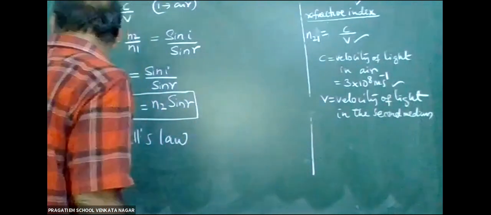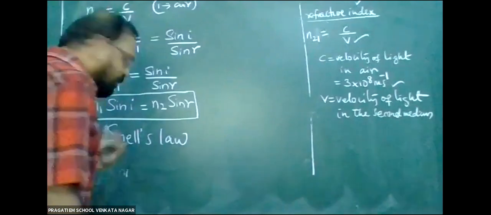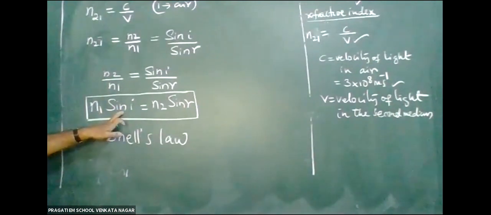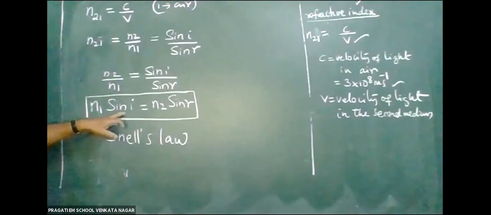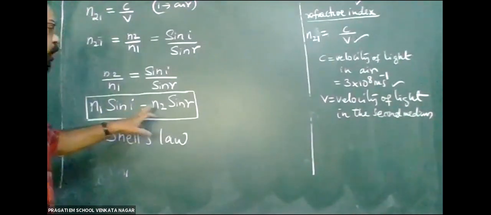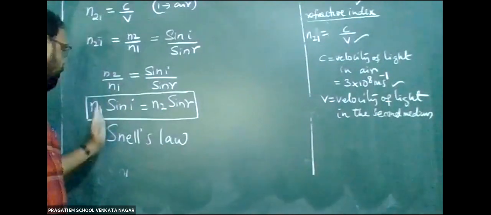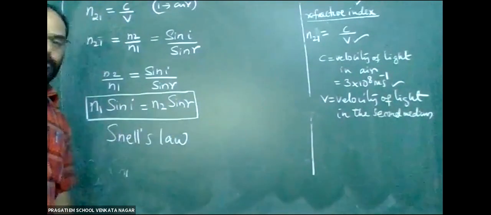That is also called Snell's law, and this is also called Snell's law. N1, what is N1? Refractive index of the first medium. Sin I, sin of the angle of incidence, is equal to N2, refractive index of the second medium, sin R. N1 sin I is equal to N2 sin R.